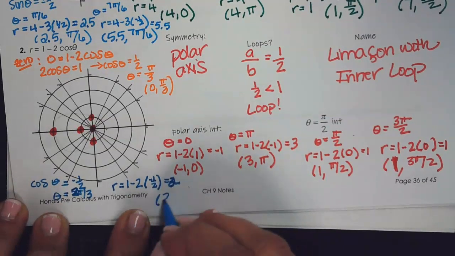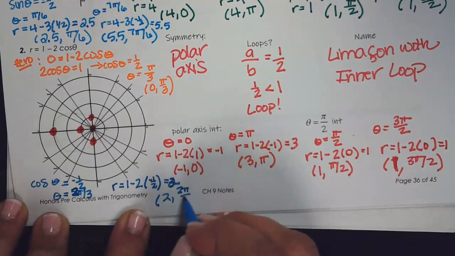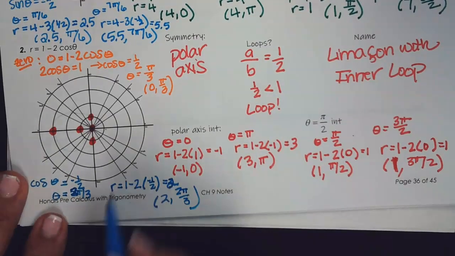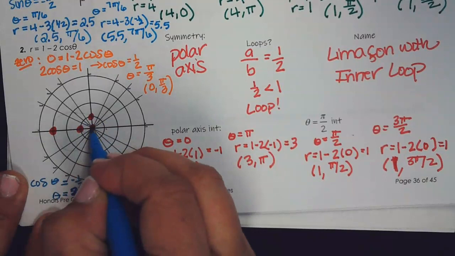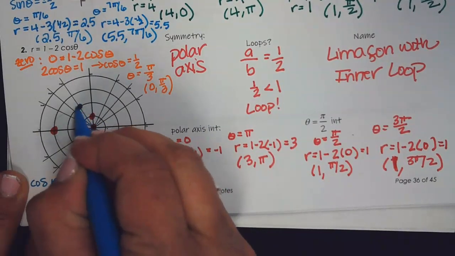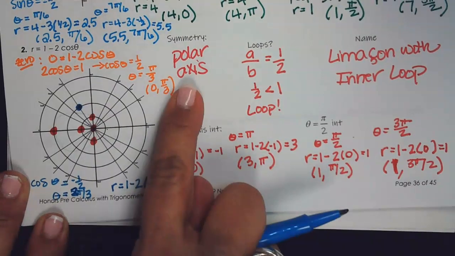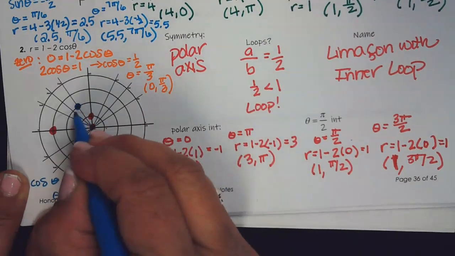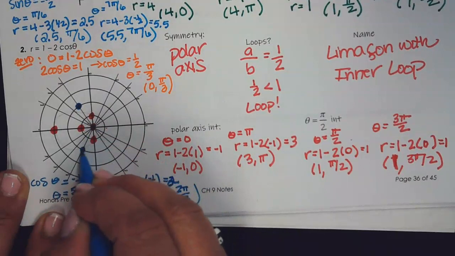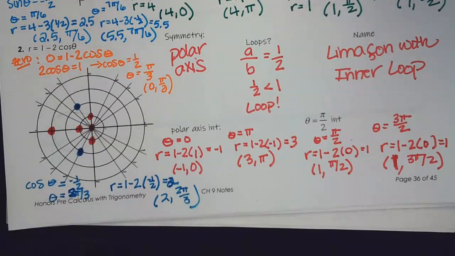So that means I'm going to have a point at 2, 2 pi thirds. So 2 pi thirds is here, 1, 2. And then we know that there's symmetry with respect to the polar axis. So that means that I could have a point down here as well. Okay.